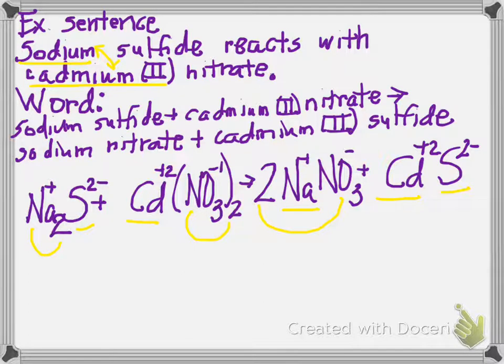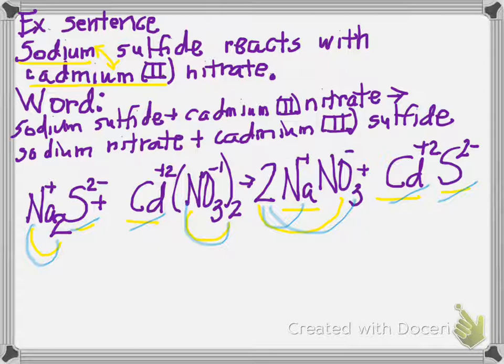I'm going to check it. Okay. So I have 2 sodiums, 1 sulfur, 1 sulfur, 1 cadmium, 1 cadmium, 2 nitrates, 2 nitrates. This is properly balanced.